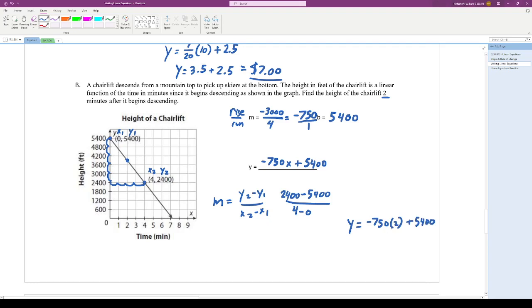That 750 times 2 is 1500, so y equals negative 1500 plus 5400, which comes out to be 3900 feet. So that is actually exactly halfway between 4200 and 3600, would be this point here at 2, 3900 is where the chair is after 2 minutes.